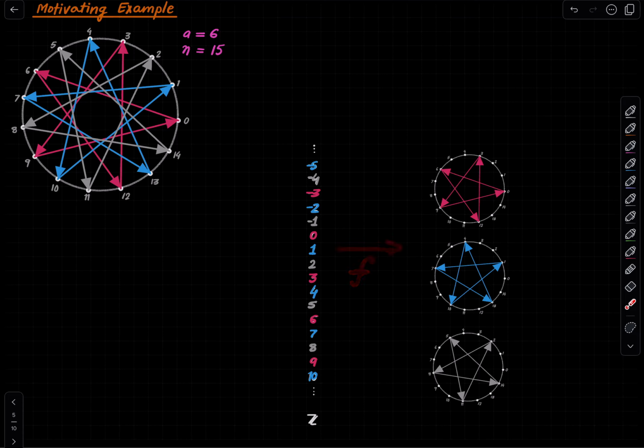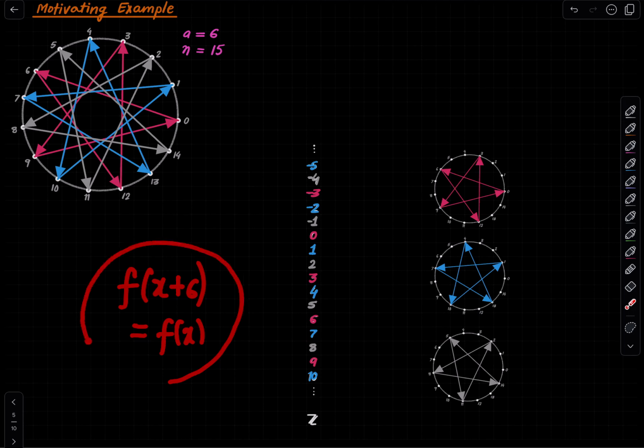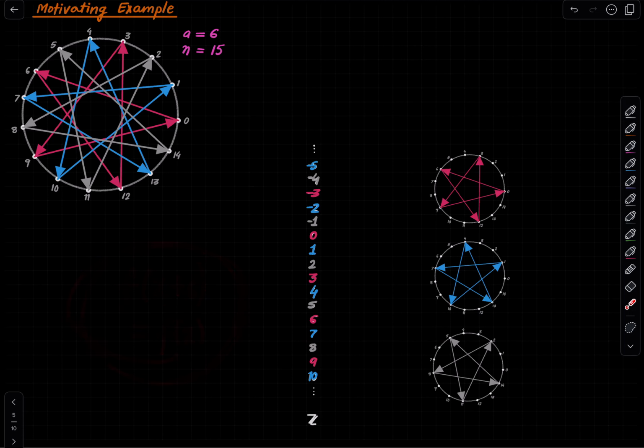It has in fact an even smaller period, period 3, but forget about that. It has period 6. f satisfies this equation for all integers x, which you can verify, and that we are kind of seeing when we explicitly write down the colors. Color of 0 is same as color of 6, 1 is same as color of 7, and so on.